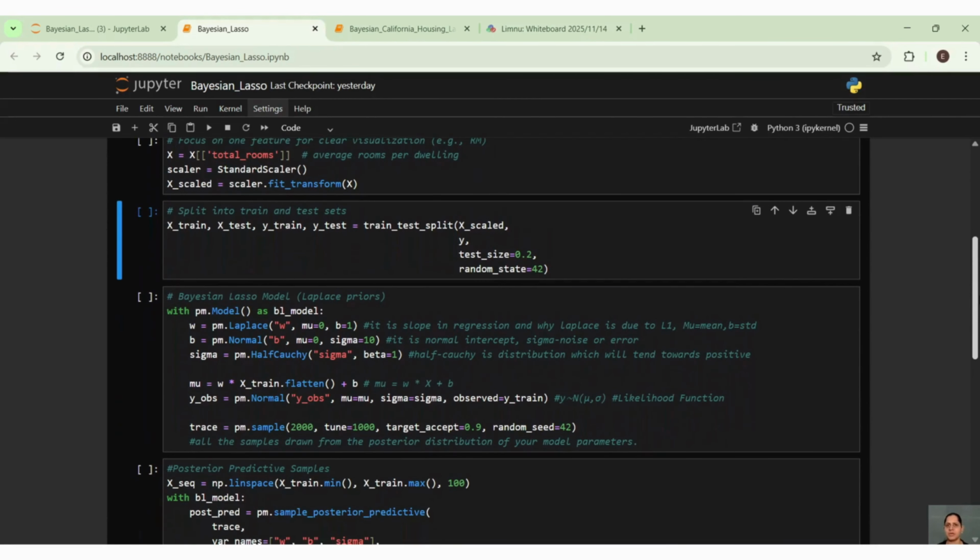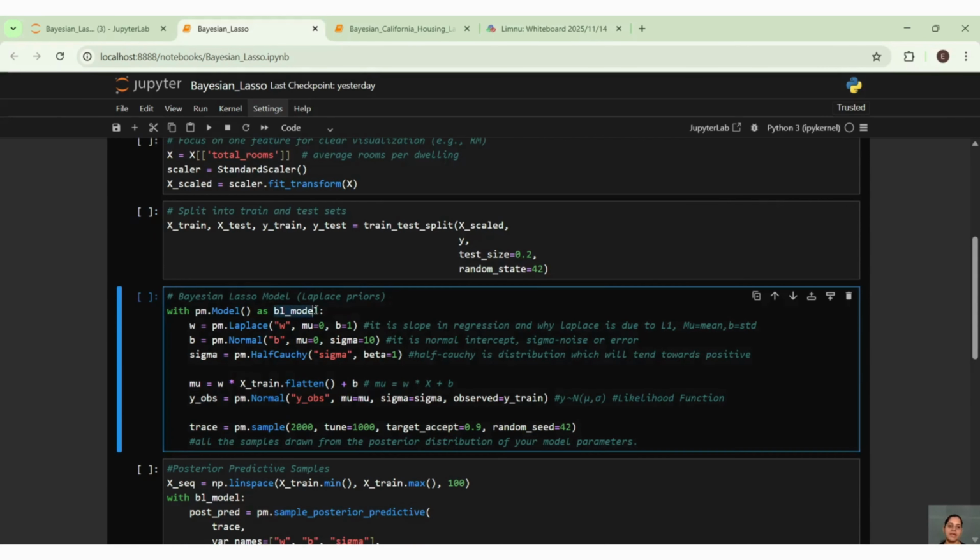We are initializing our model, right? We are getting the model and giving it a name. Here I am calling it BL underscore model, that means my lasso model. What are the inputs we have to take here? We have to calculate W, B and sigma.